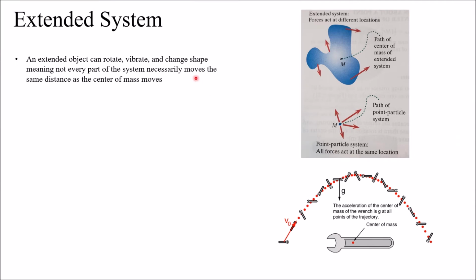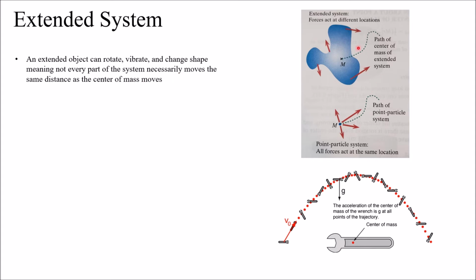So the idea of an extended system is this idea that objects can rotate, vibrate, they can change shape as they move. And so that's kind of relating back to that idea of the center of mass and this new idea of moment of inertia as well. But the idea is that not every part of the system necessarily moves the same distance as the center of mass moves.